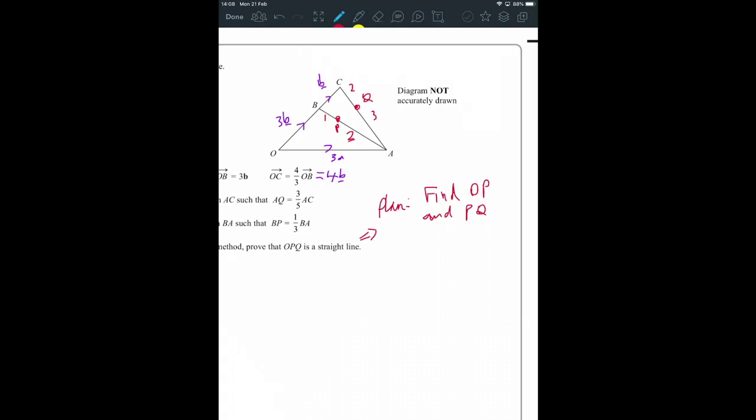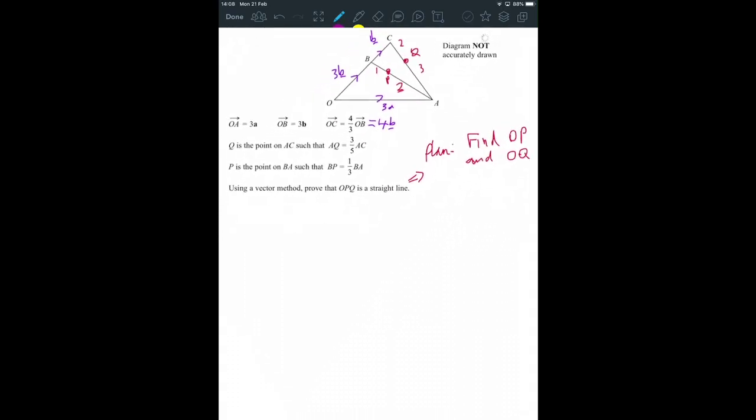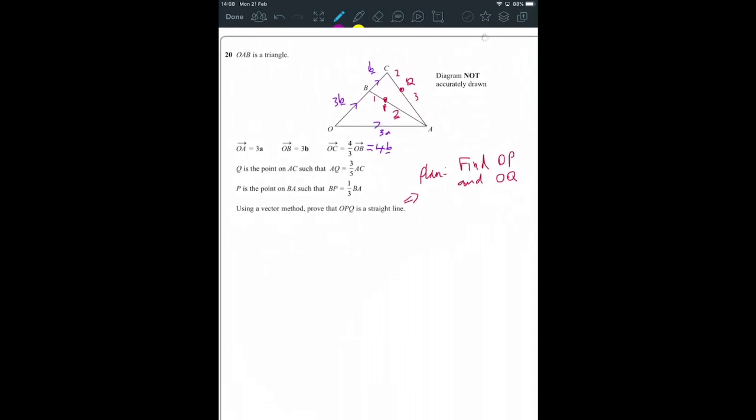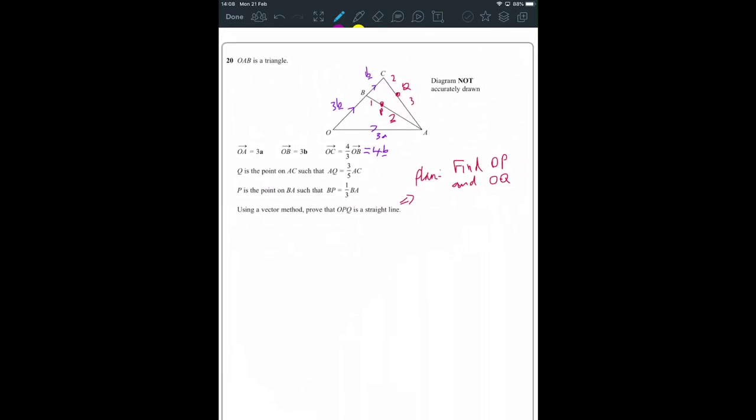Let's try and find OP, and I think OQ is slightly nicer than PQ. And if these are multiples of one another, OP is maybe half of OQ, but in the same direction, then these have to be a straight line. So that's our method of approach. Well, we actually need to do that now.